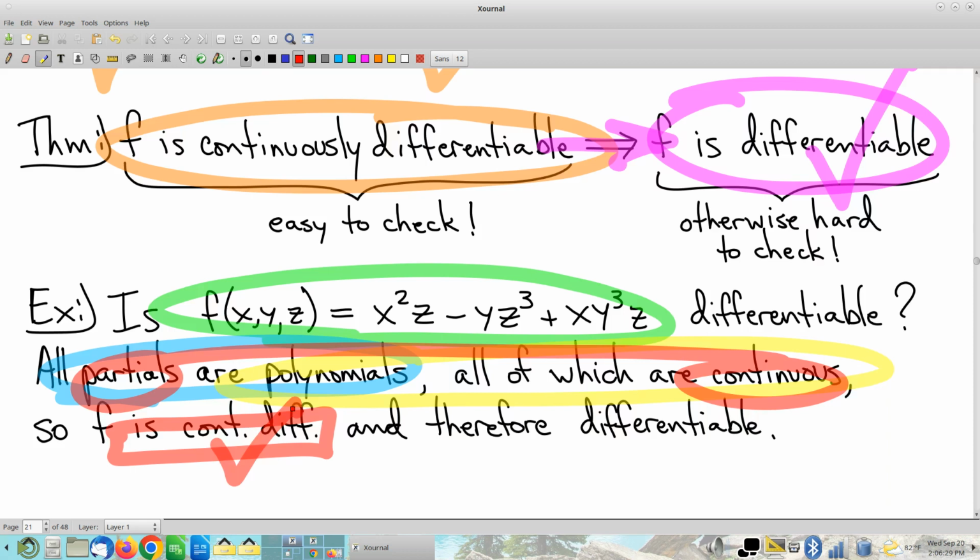So the blue and yellow observations together tell me that I've got a continuously differentiable function. And if it's continuously differentiable, then it's differentiable per this theorem. No discussion of relative error needed. Everybody happy?